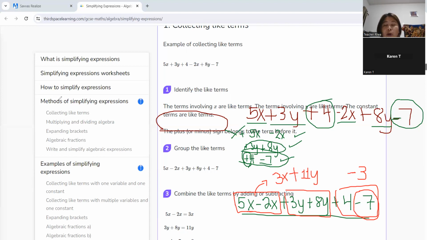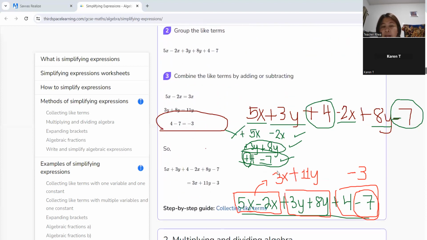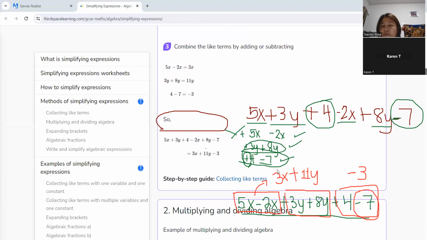This is now your simplified algebraic expression. This is the simplest form of the algebraic expression: 3x plus 11y minus 3.